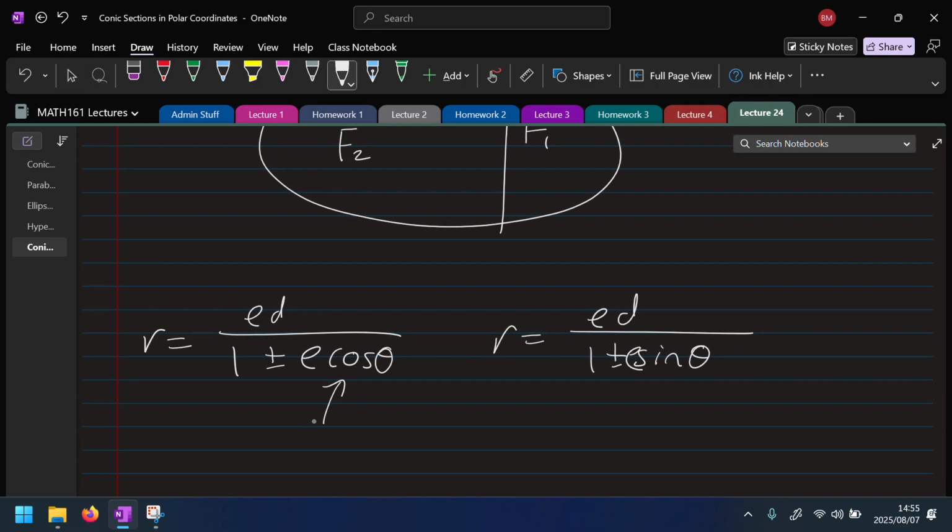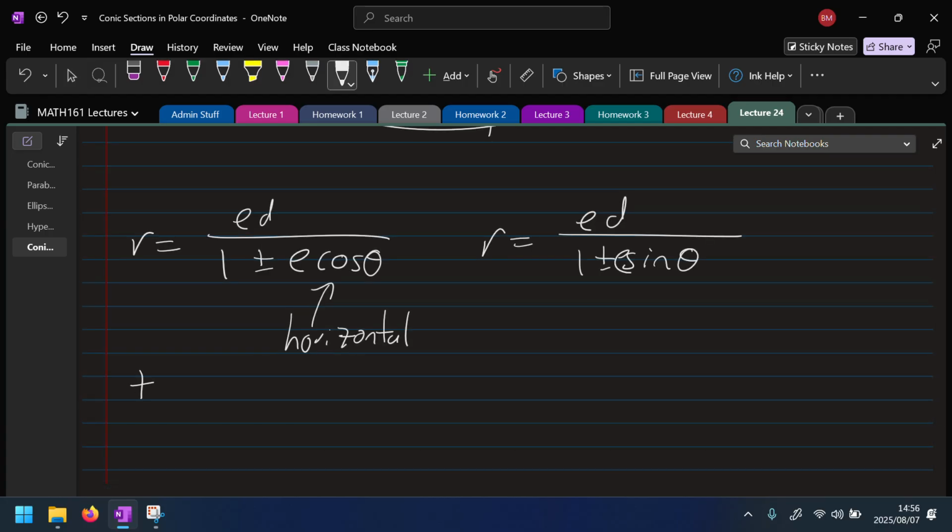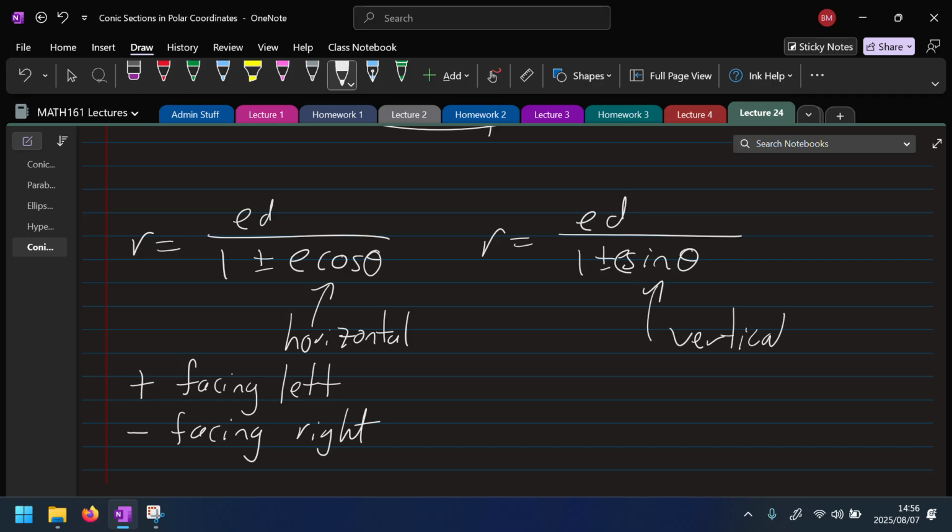So again, the cos means it's horizontal. If it's a plus, then it's going to be facing left. If it's a minus, it's facing right. And similarly on the other side, with sine, that means it's vertical.